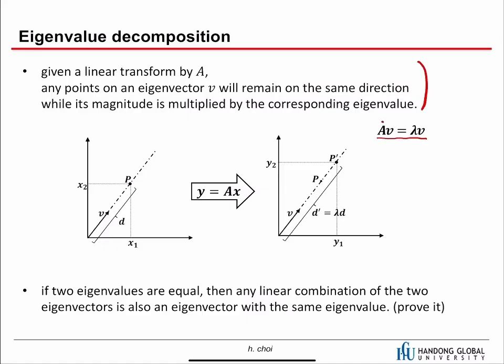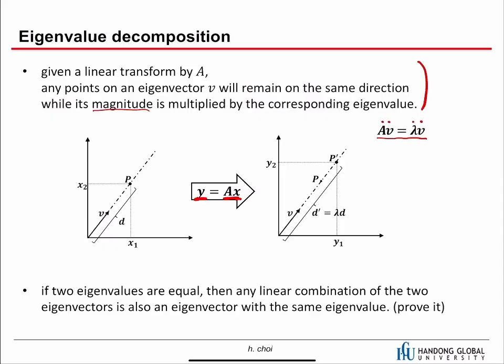A is a matrix, V is a vector, and lambda is a scalar corresponding to the magnitude. When we apply a linear transformation to a certain vector, we get a new vector.